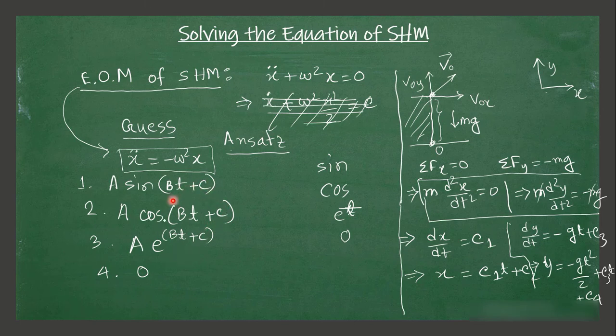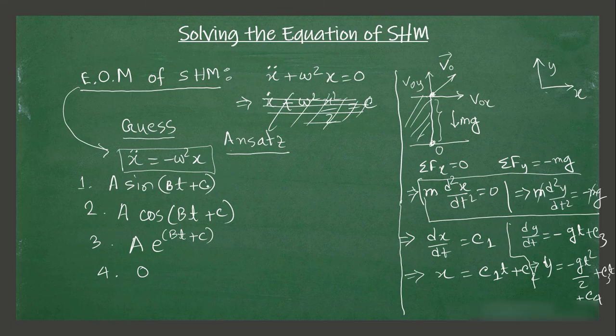So these equations are a more general form of the solution of this equation of motion. Now the solutions are nearly ready. All you have to do is find out these constants a, b, and c. So let us plug this value of the solution in this equation to find out these constants.